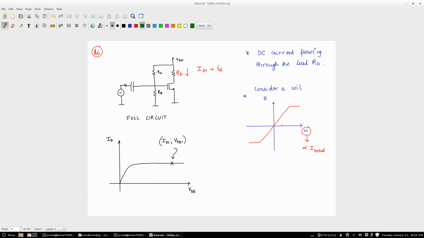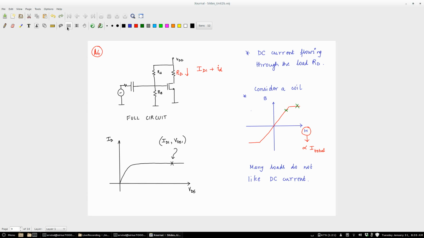It is proportional to your current, Ni, so proportional to the total current. You can also look at this in terms of a bias and an incremental. If you have a DC current flowing through the load, what will happen to your operating point? It will shift and go here. If you have a higher operating point, it will go into this region, so your device may not work as a speaker.